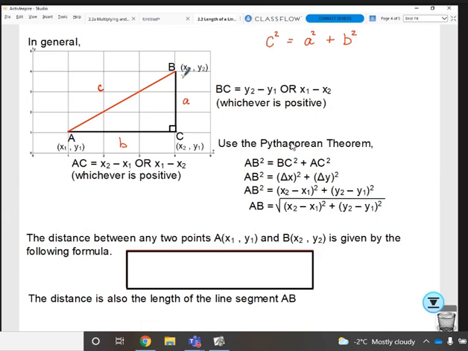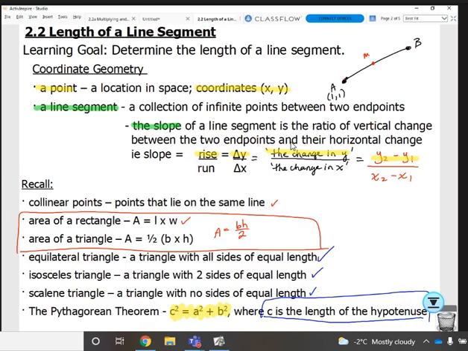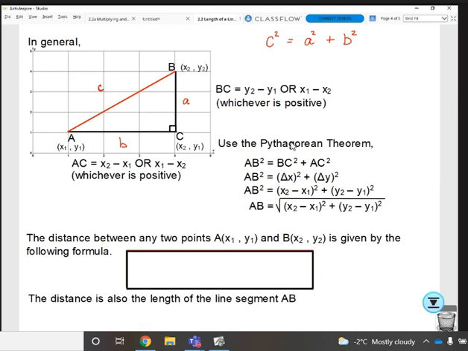If we go back to slide number 1, what was vertical change? The change in y. Y is the vertical axis, right? So if we wanted to get this line segment, this little a, it is going to be y2 minus y1. That's how we get a. And over here, for b, this is called the horizontal change.